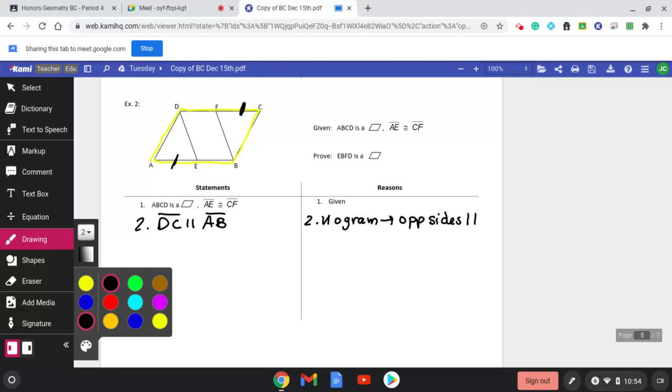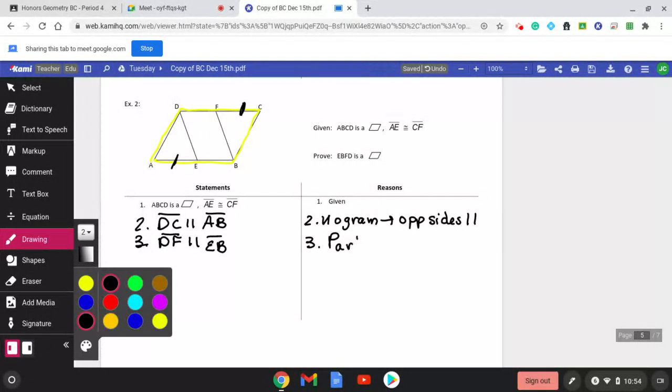All right, DC and AB are parallel. So just because I made them a little shorter, they should still be parallel to each other. And it's a new theorem. So what I'm going to say now is DF is parallel to EB. And here's a theorem I would definitely use now in these proofs.